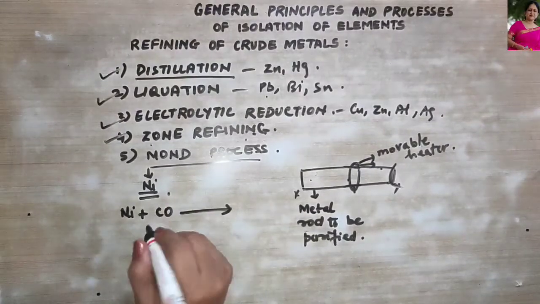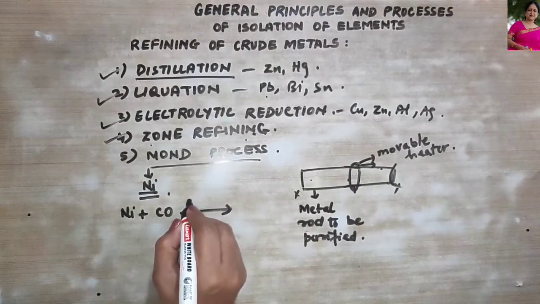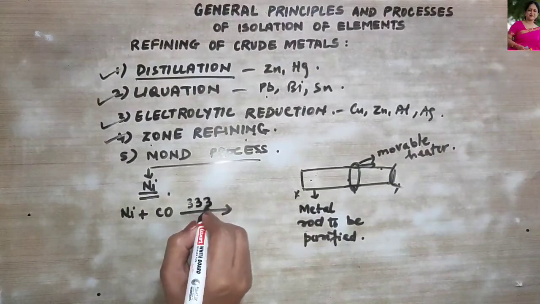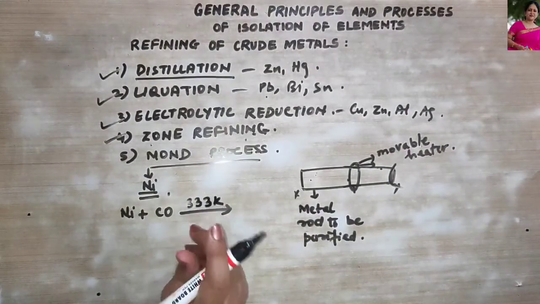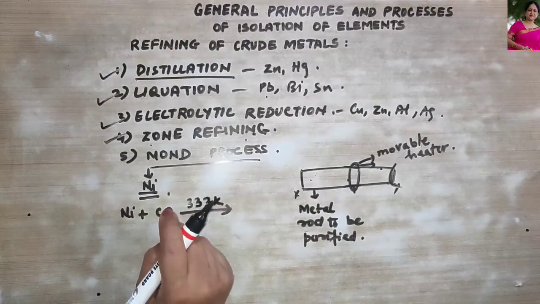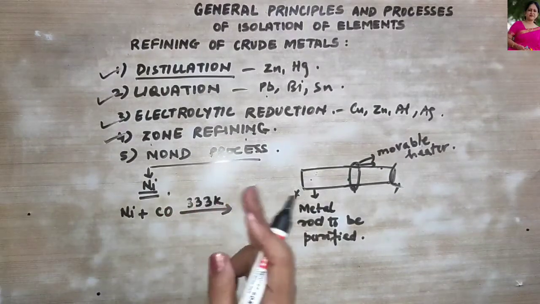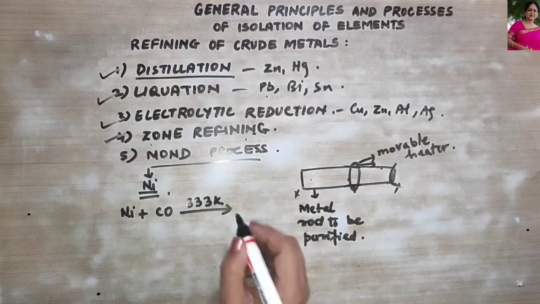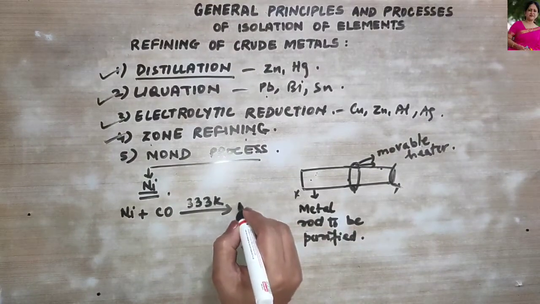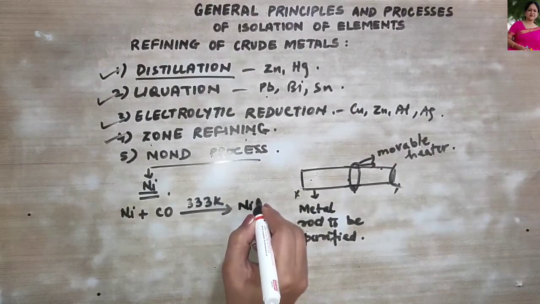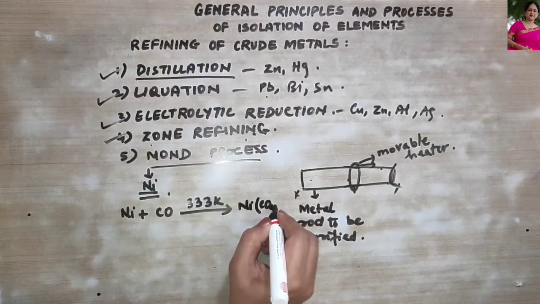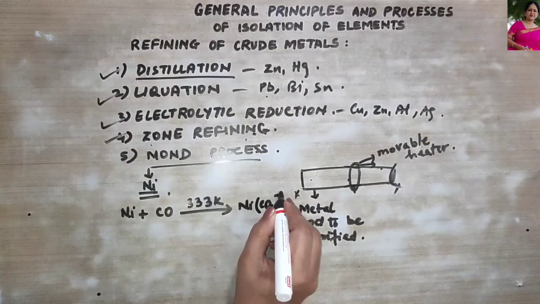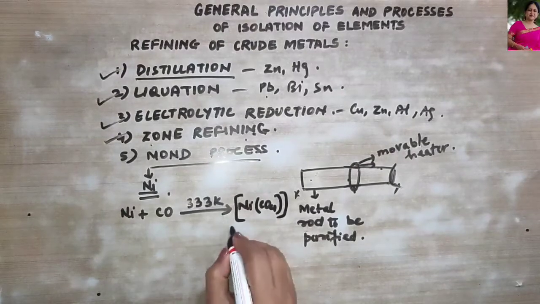What is that temperature? The temperature could be like 333 Kelvin, right? And this nickel then reacts with this gas and gaseous nickel carbonyl is formed. What did I say? Nickel carbonyl, that is Ni(CO)4.